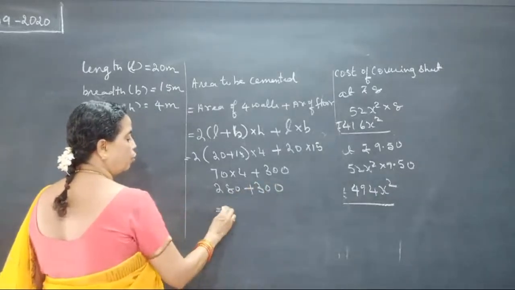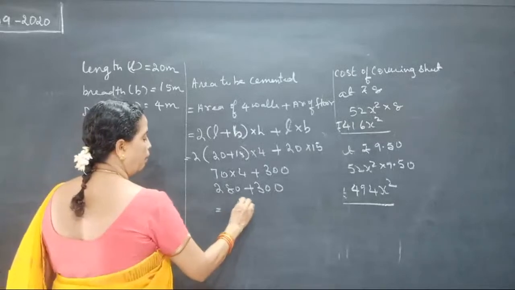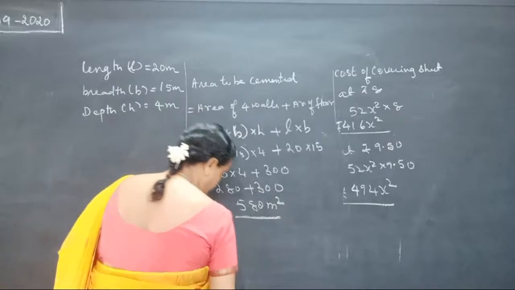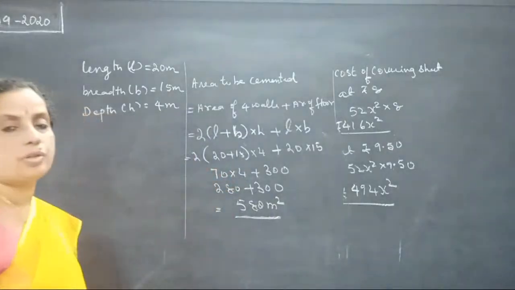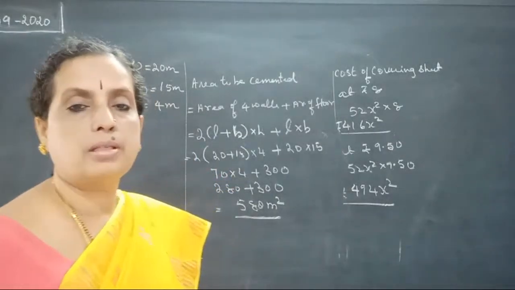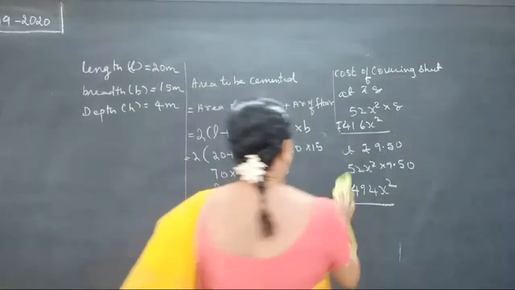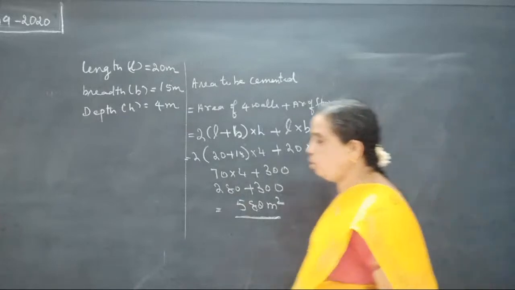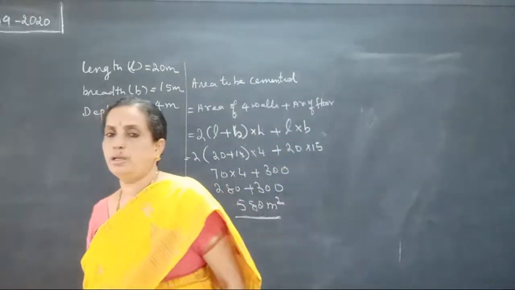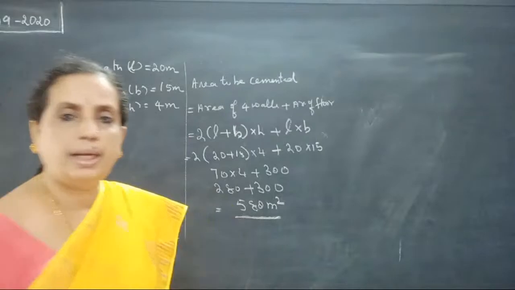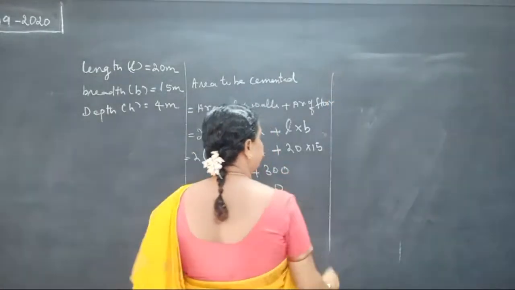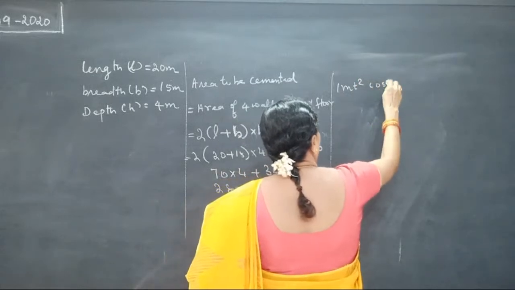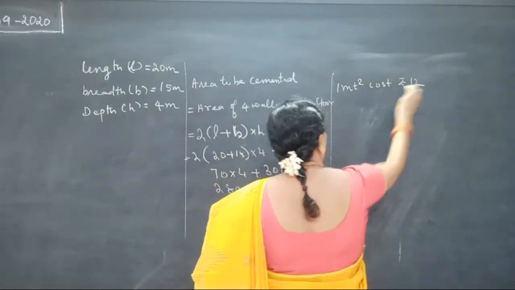Total area to be cemented is 580 meters square. So now they have given the cost of plastering with cement is 12 rupees per meter square. Now calculate again. Don't write straight away into 12. You have to put up the sentence: 1 meter square costs rupees 12.